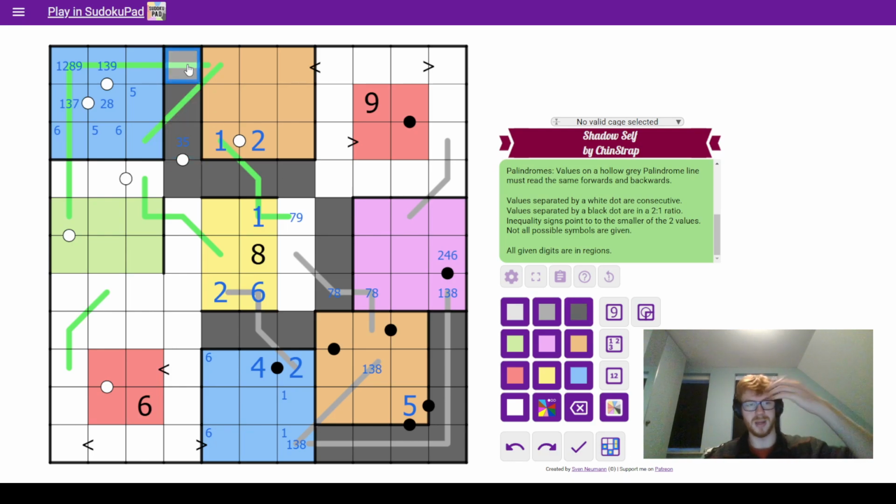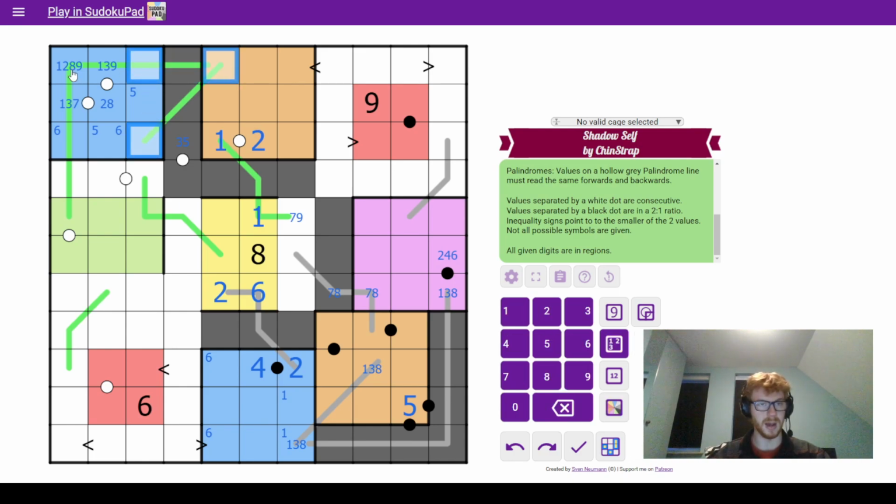We got something. So that does mean that this is either a 1 or a 4, but whatever it is, these are all high, like I said. And then this one's high as well. So this is the 8 or the 9, and this is the 1. So that's the 2.